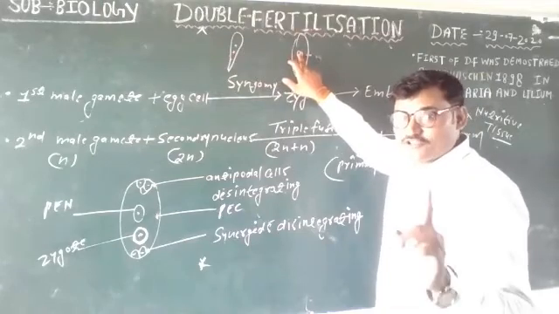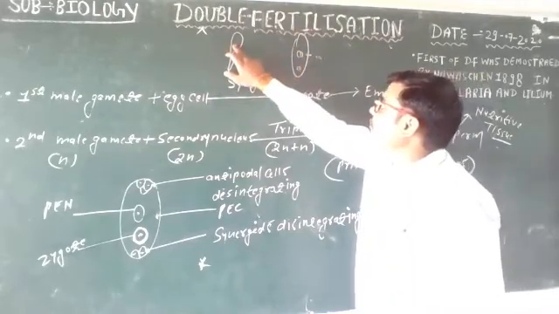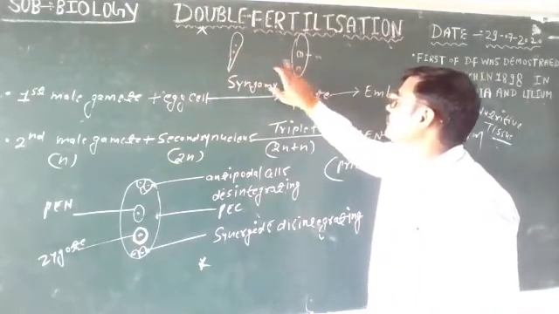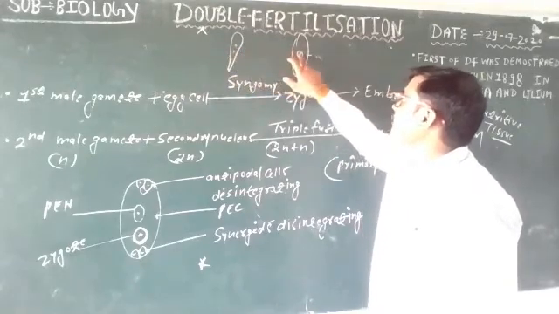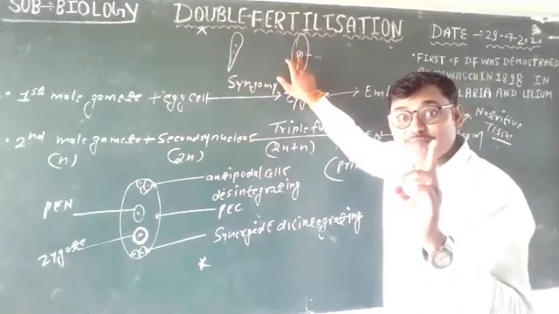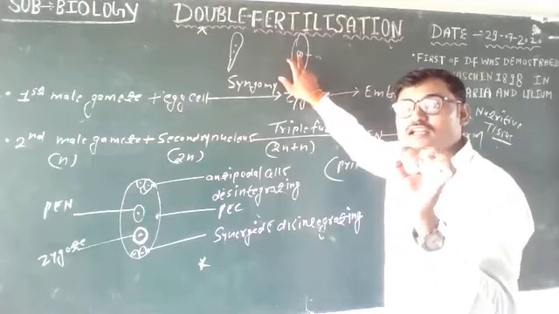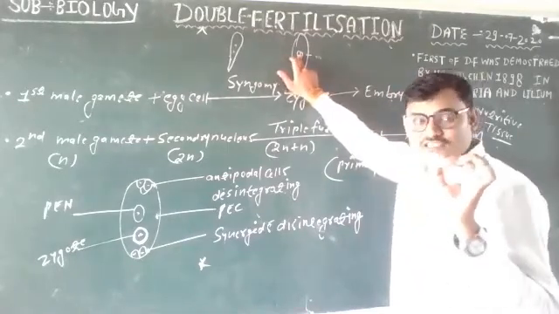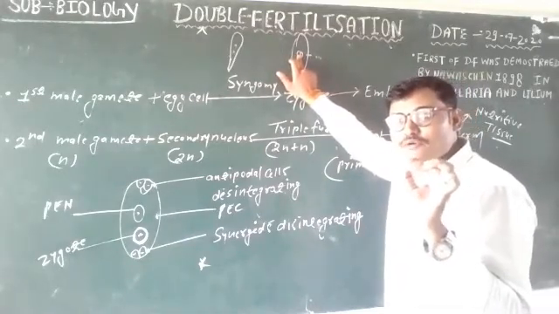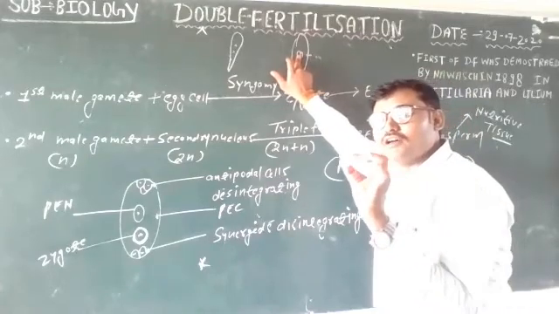It means, first you talk about the nuclei: 1 nucleus and these 2 nuclei, 3, and 2, 5. That means 5 nuclei are involved in double fertilization. This is a very important point.